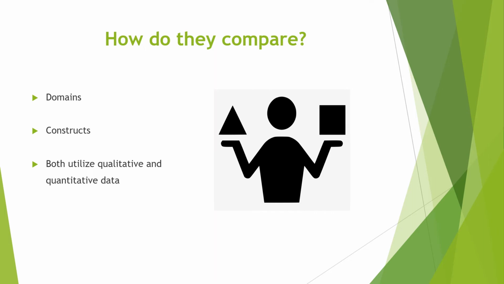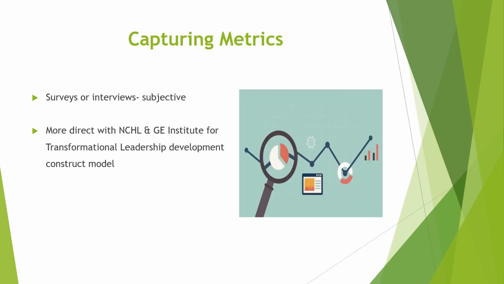Within that, though, they do both utilize qualitative and quantitative data within each model, which is how they would compare with each other. And now we will get into capturing metrics within each model.